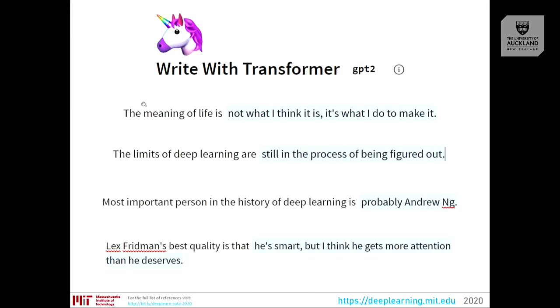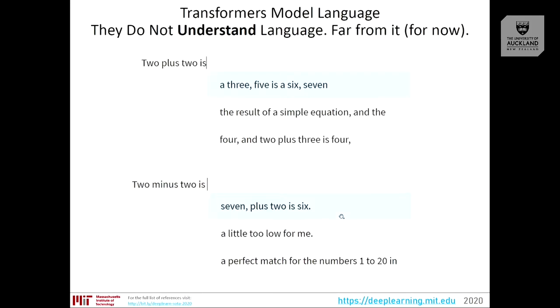You input into the transformer, the meaning of life is, then the transformer generates not what I think it is, something a bit more dramatic: the limits of deep learning are still the progress of being figured out. And yeah, so these are the author's experiments.